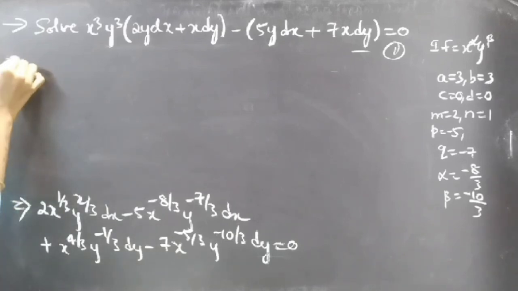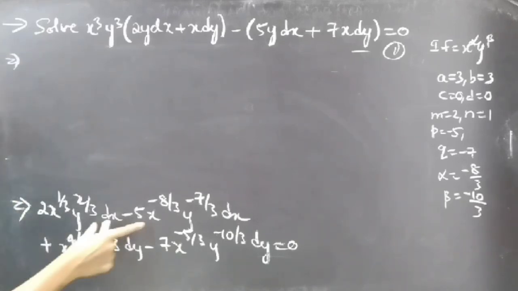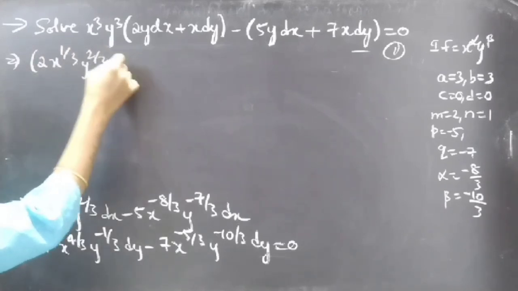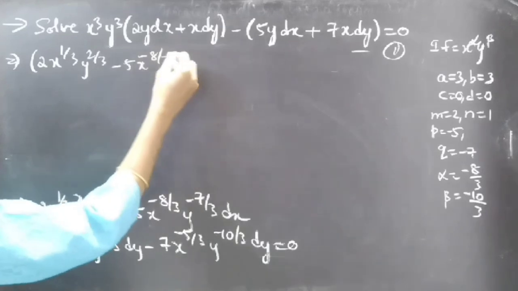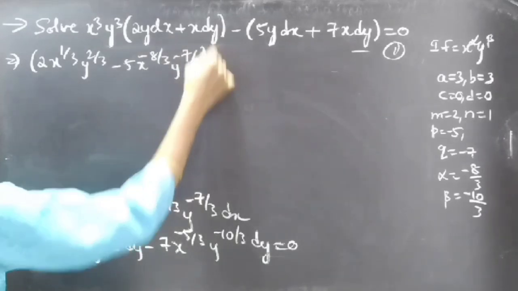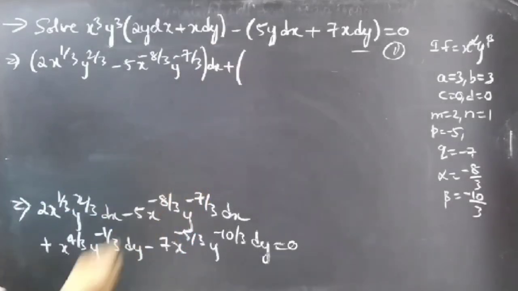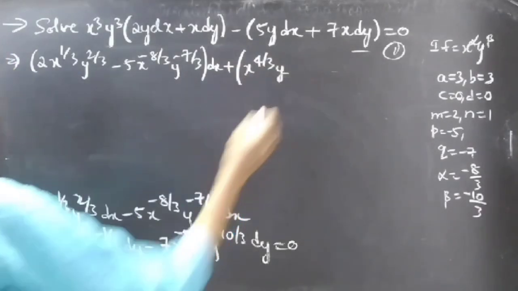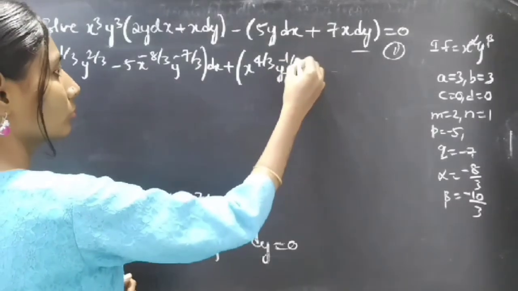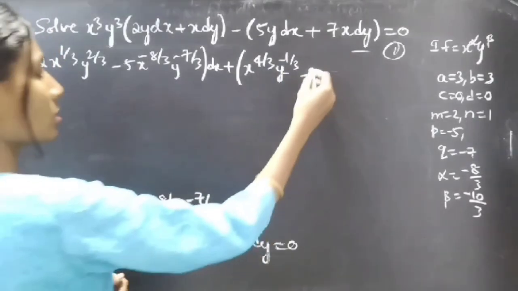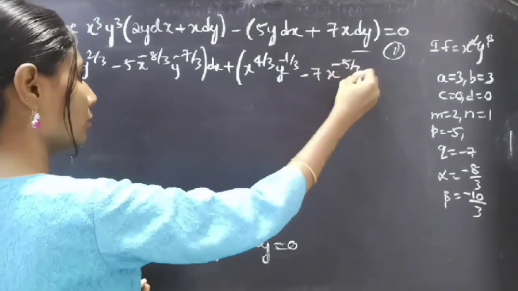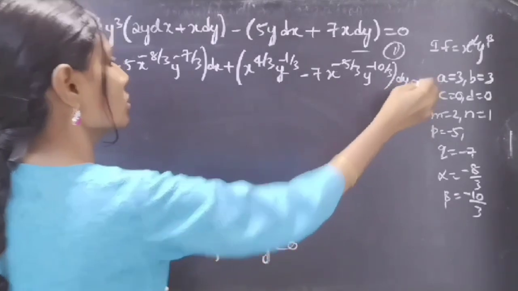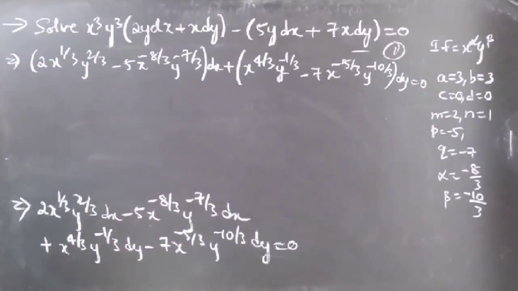This gives us, now take dx common from the first two terms, you'll get 2x power 1 by 3, y power 2 by 3, minus 5x power minus 8 by 3, y power minus 7 by 3, into dx, plus take dy common from the next two terms, you'll get x power 4 by 3, y power minus 1 by 3, minus 7 x power minus 5 by 3, y power minus 10 by 3, into dy equal to 0, which is of m dx plus n dy equal to 0 form.